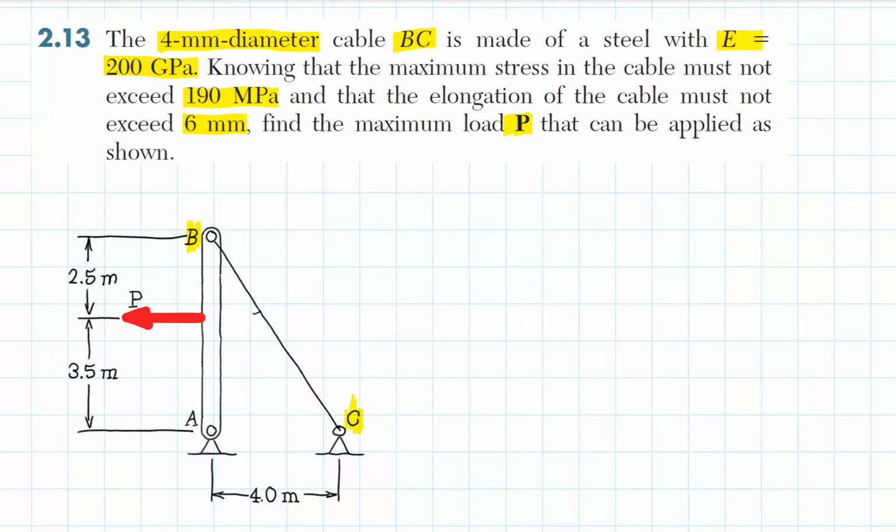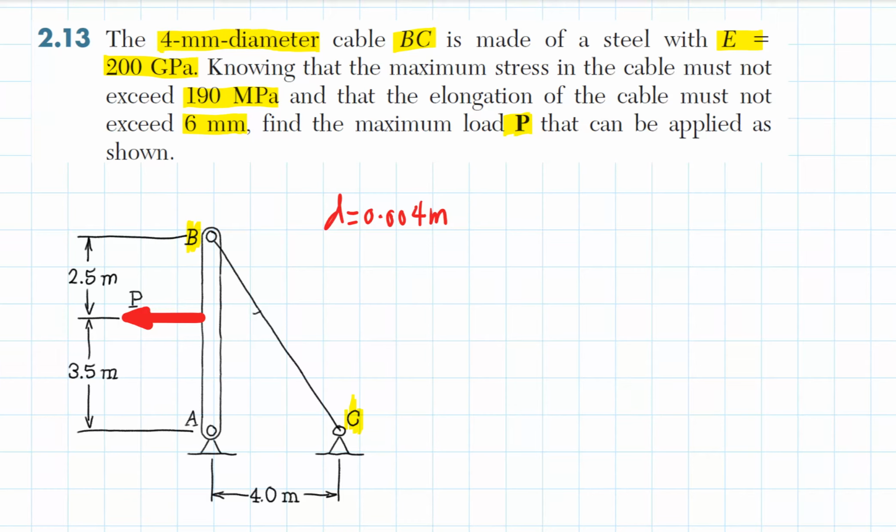So let's write what we have. We have a 4 millimeter diameter, so diameter equals 0.004 meter.